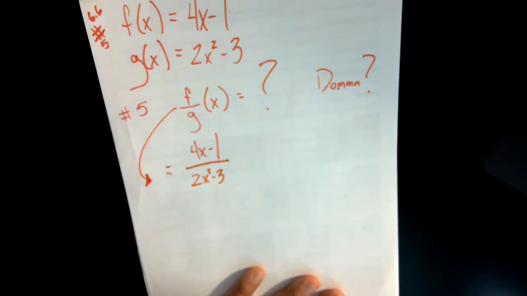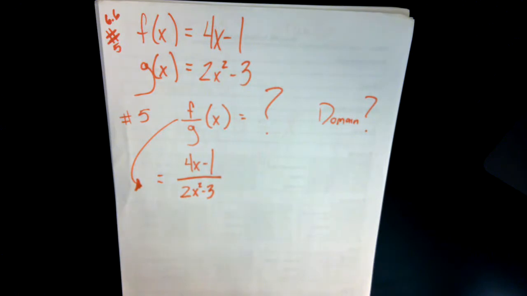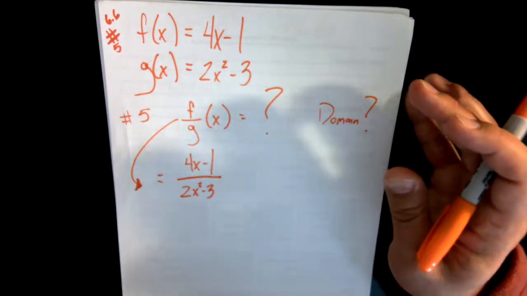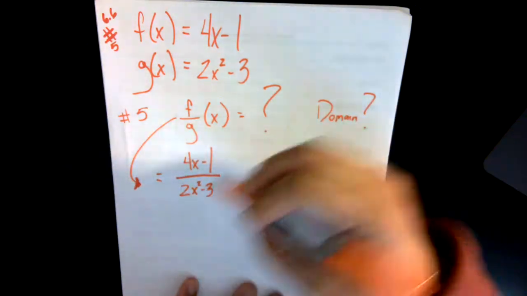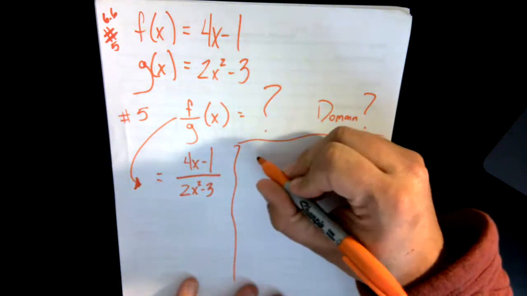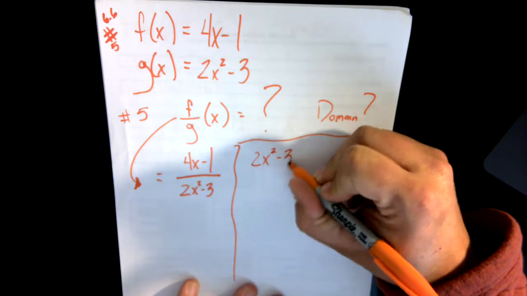But the question of the domain, now we have some new restrictions. Remember, there's basically two rules in math that we always have to live by when it comes to domains. We are not allowed to divide by 0, and we are not allowed to take the square root of a negative number if we're dealing with reals. So what does this mean? Well, to start the domain off, we're not allowed to divide by 0.